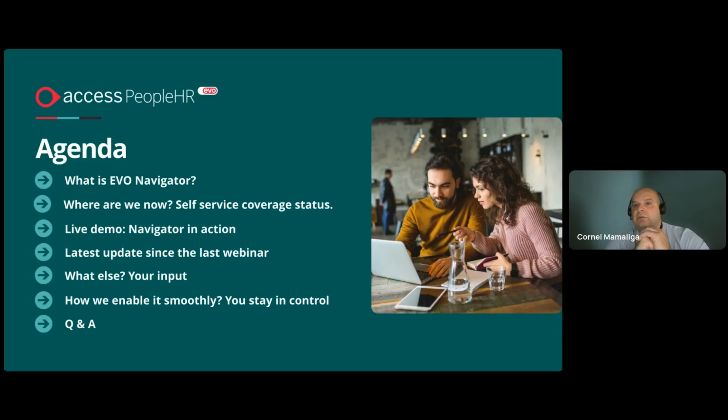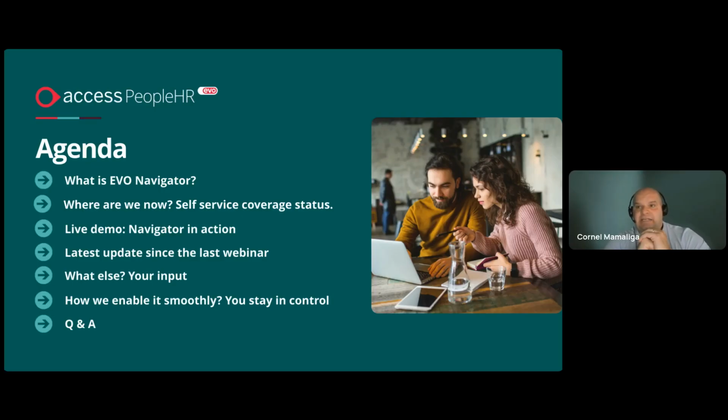And then we are going to launch some polls to collect what else we are missing from the Evo Navigator in your view. And I will focus on how the Evo Navigator will be enabled smoothly for you so you stay in control.